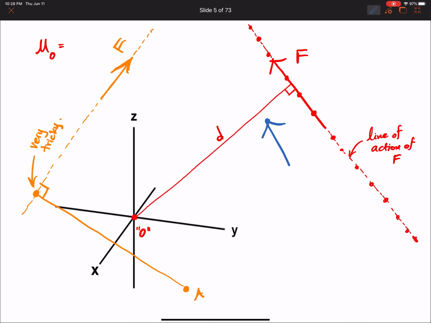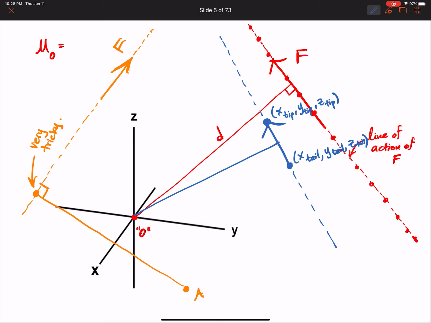They may give us the coordinates of the tip of the vector, so x at the tip, y at the tip, and z at the tip, or maybe a point at the tail, so x at the tail, y at the tail, and z at the tail. Given these two coordinates, they have to give us a tool to find that distance in a systematic way. Otherwise, it will be tremendously difficult.